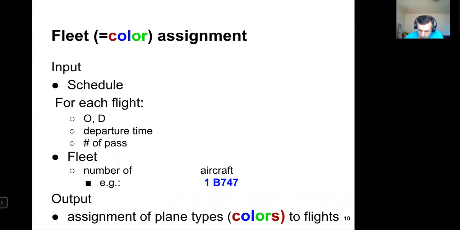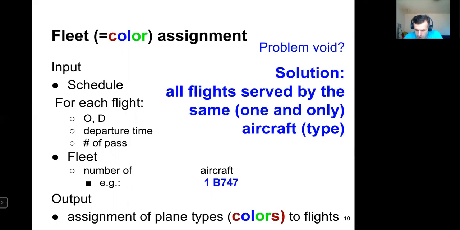If you only have a single aircraft, and hence, of course, also a single color, you may wonder if there is anything to solve, right? You have to assign the aircraft to your flights. You only have one aircraft. Well, then there is nothing else you, in principle, could do and just serve all the flights by your one and only aircraft.